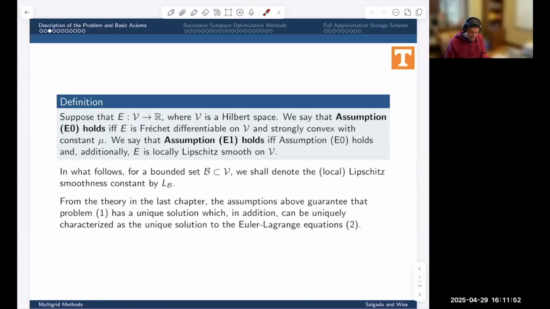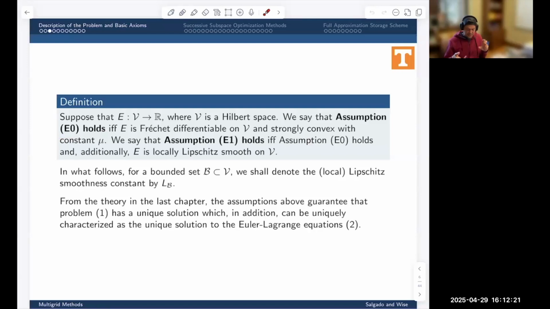Well, if we assume that E is Frechet differentiable and strongly convex with a constant mu, then we know that this problem has a unique global minimum. And we also know that it satisfies the Euler-Lagrange equation, or just the Euler equation. So we're going to bundle those two things up and call that assumption E0.